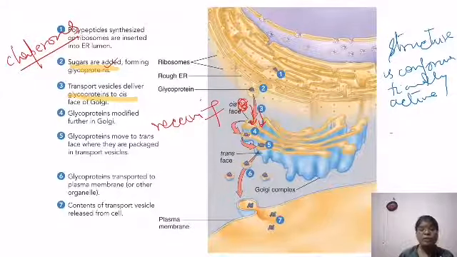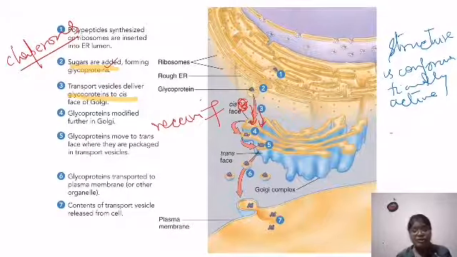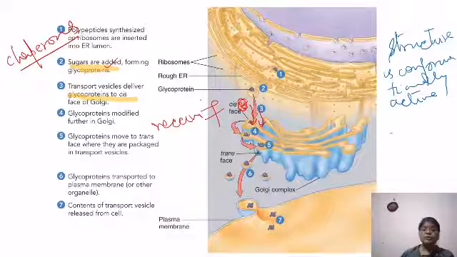Now what is happening in your Golgi body? Either more glycosylation takes place, or disulfide bonds are formed, and all those things are going to happen. So the Golgi body has various roles. What are the roles of the Golgi body?